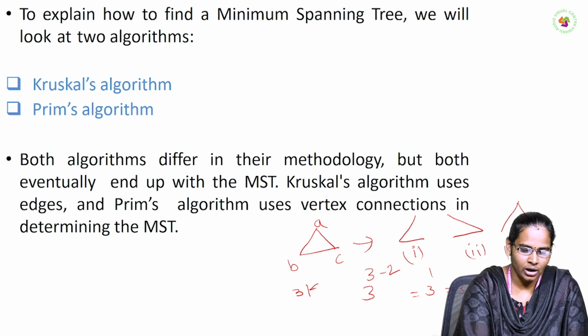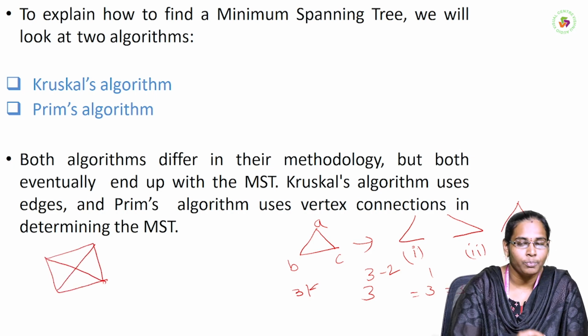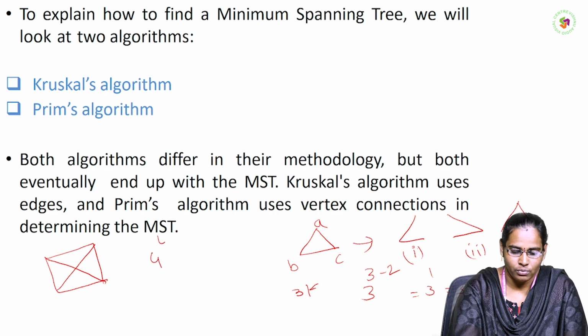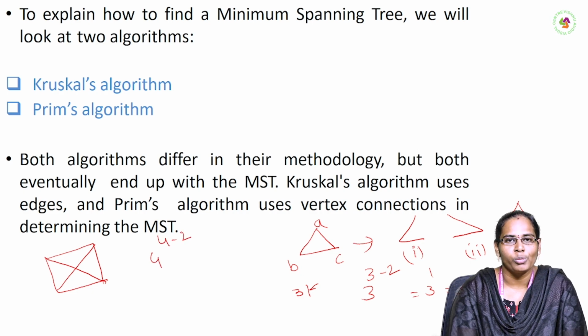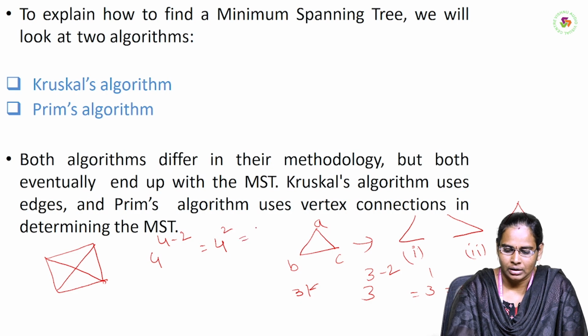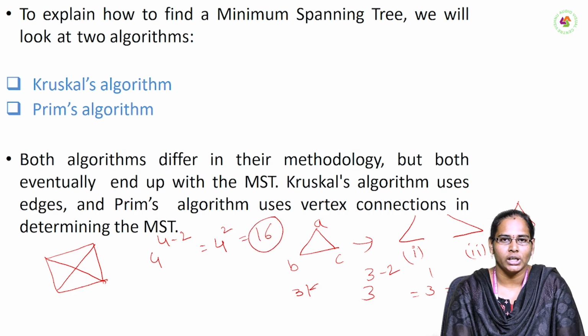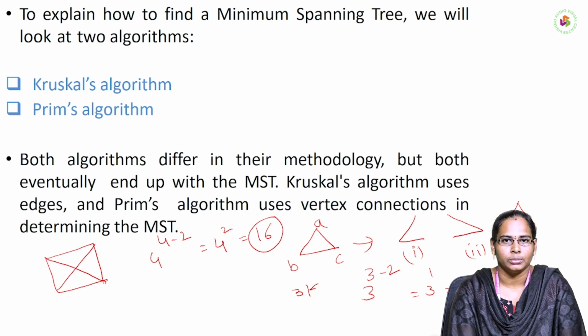Suppose I am taking a 4-vertex complete graph, K4 graph, then we have 4 power 4 minus 2 number of spanning trees. In total 16 possibilities are there to generate spanning trees.